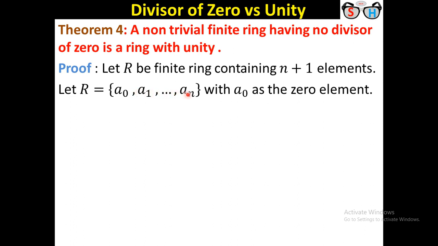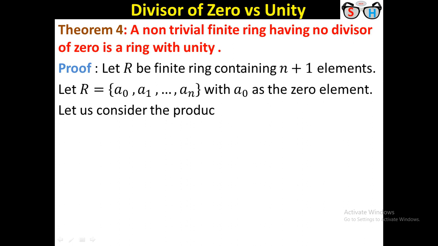If you take this as n, the non-zero elements in the ring will be n minus 1, but here I take the number of elements in R as n plus 1, where there is a 0 element a0 and the remaining elements are non-zero, that is, the ring contains exactly n non-zero elements.